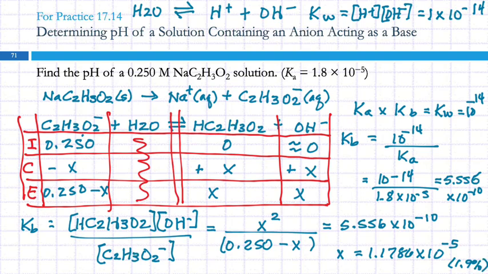So x is small is valid. What does x equal? The concentration of OH minus. They want the pH. This happens a lot.